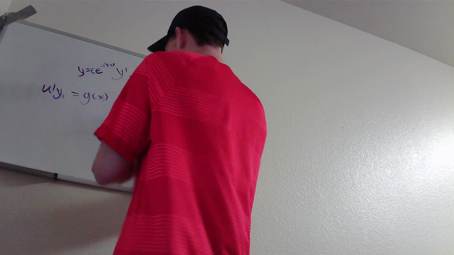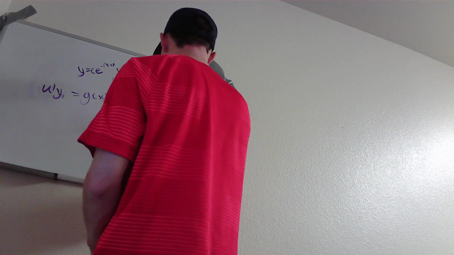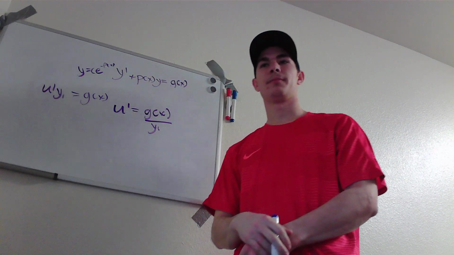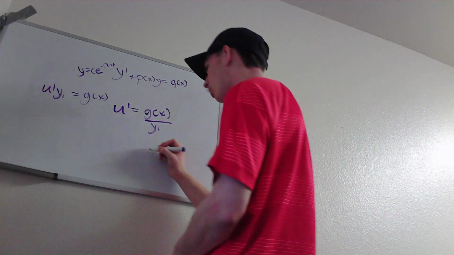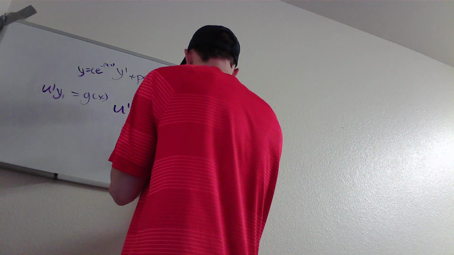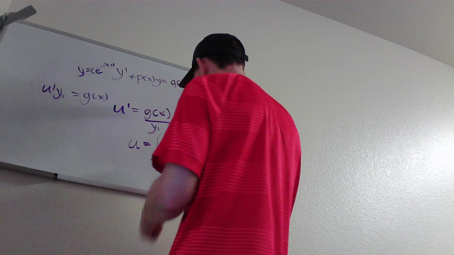So you get u by itself is equal to g of x divided by y1, and then you take the integral of both sides. Because what you do to one side, you must do the other. You take the integral, you get u is equal to the integral of g of x over y1 dx.